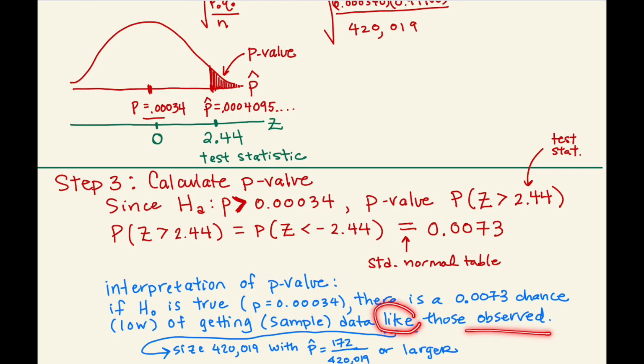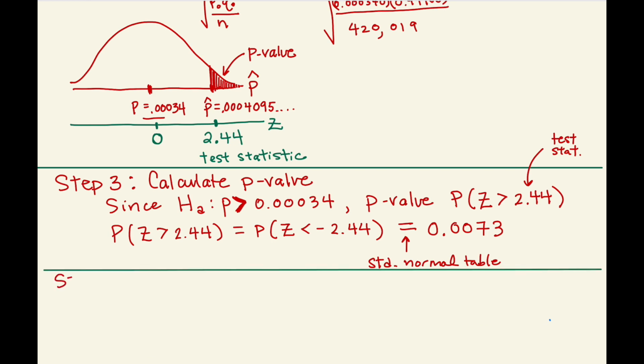And when I say like, I mean a sample of size 420,019 with a sample proportion of 172 over 420,019 or larger.